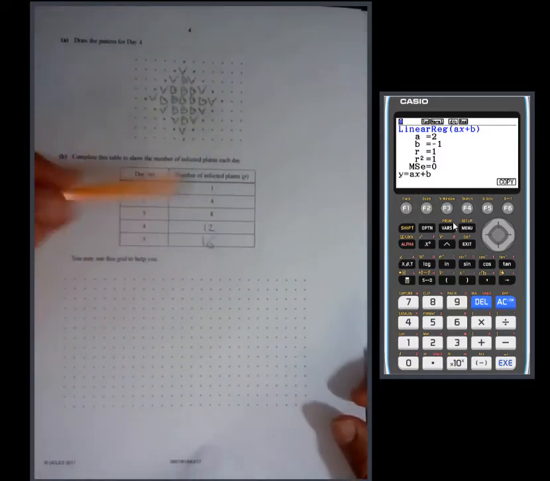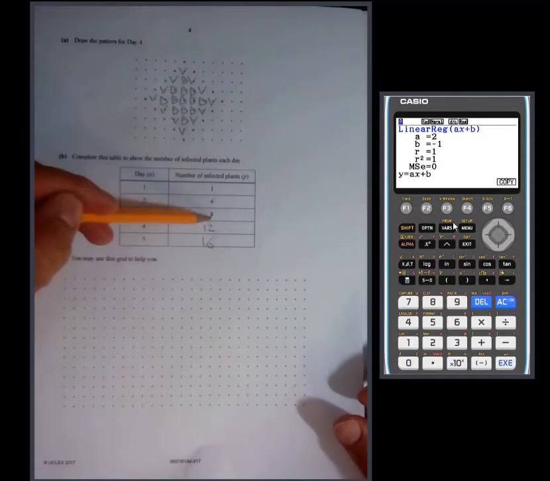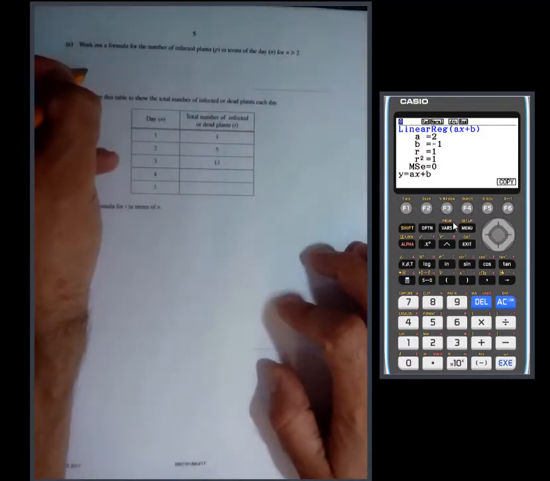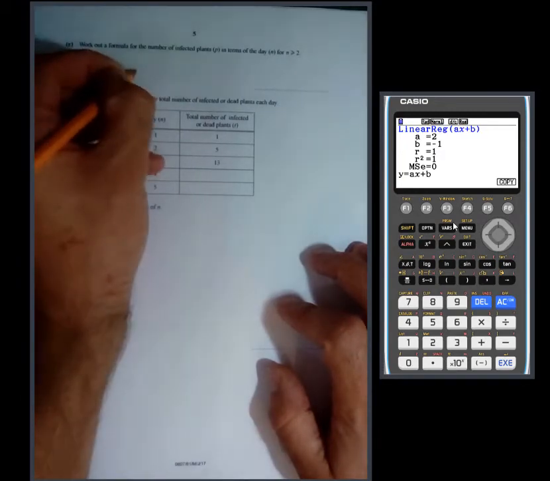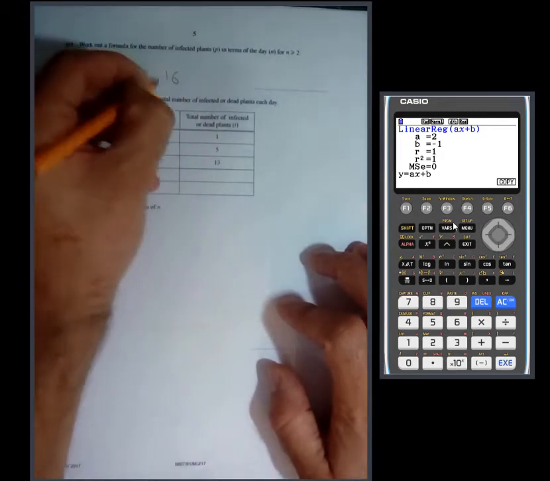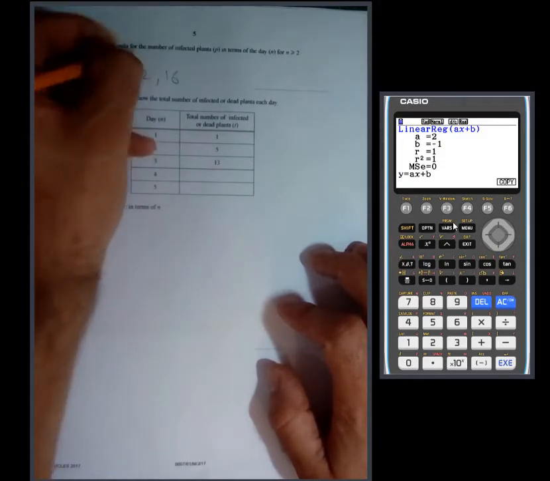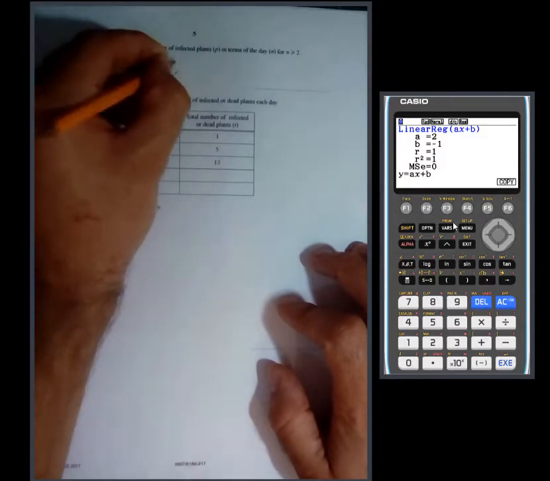So what I'm going to do, I'm going to write these numbers 4, 8, 12, 16, and remember that was for n equals 2, n equals 3, n equals 4, n equals 5.